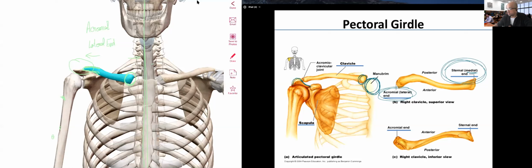Remember, for the axial skeleton we had three main types of questions: identify the bone, identify the bone marking, and state the function or articulation of the bone.